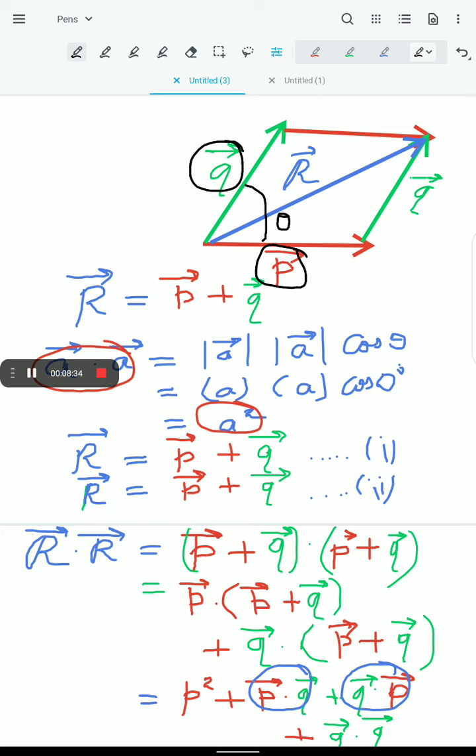But when you say vector, knowing magnitude is not enough. We would like to know the direction between the resultant and the first vector.